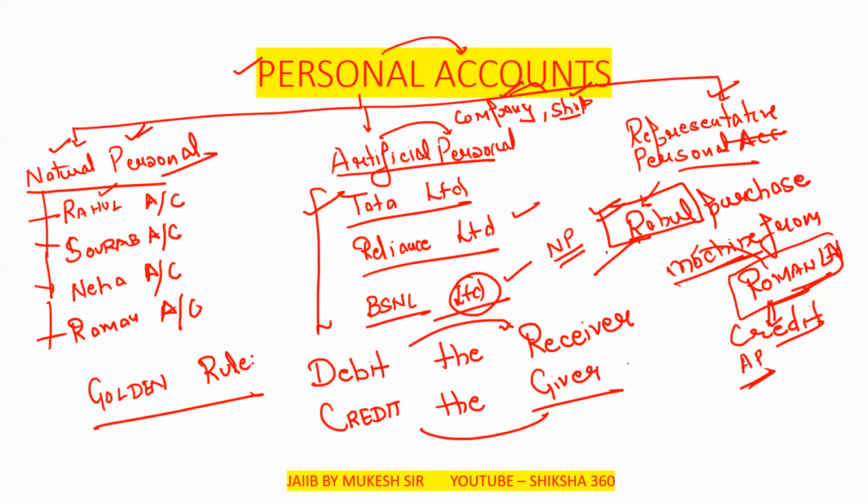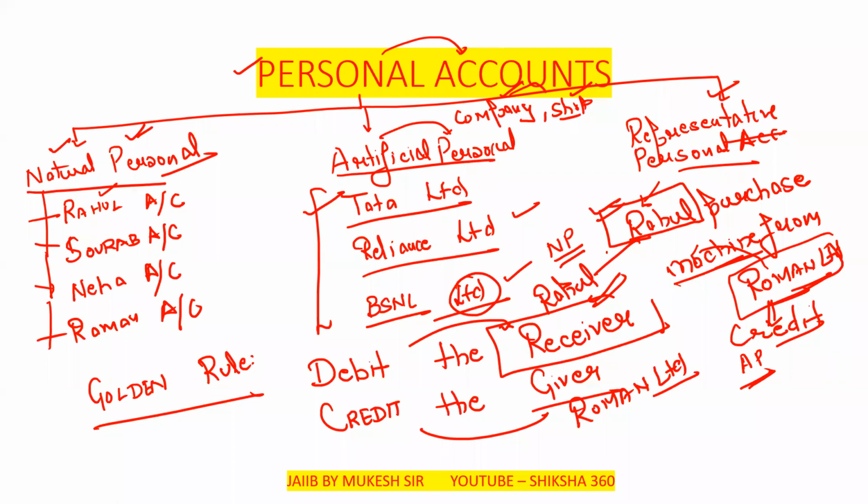The machine is provided by Roman Limited, so Roman Limited is the giver, and Rahul, who is receiving the machine, is the receiver.